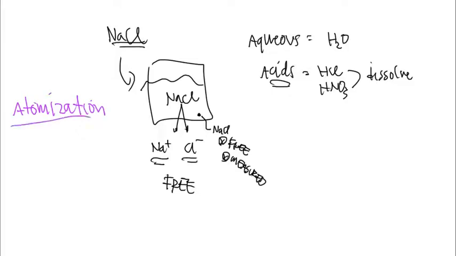Atomization is basically the process of taking a sample and providing it to the AA instrument. However, things have to be done. Number one, it has to be volatilized. That means the solvent has to be gotten rid of. If I've used water, the water has to be gone.